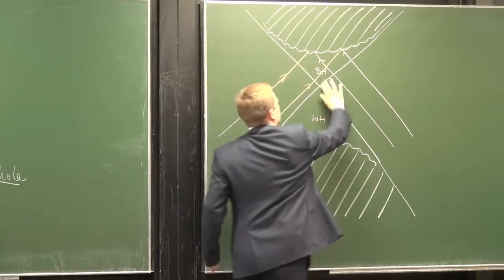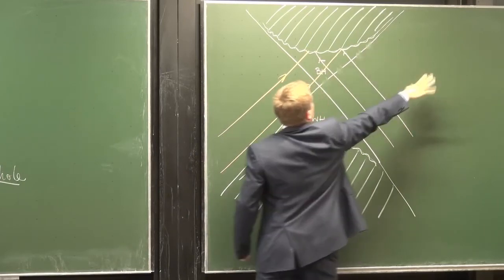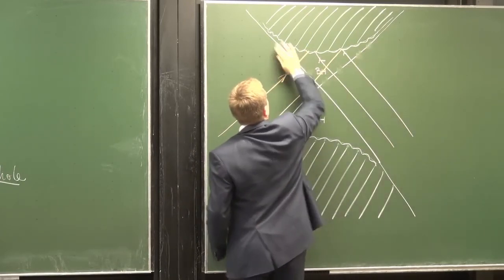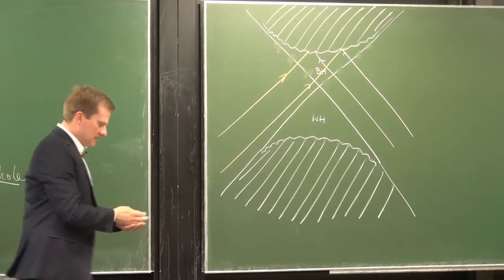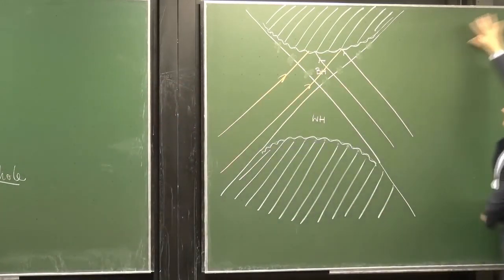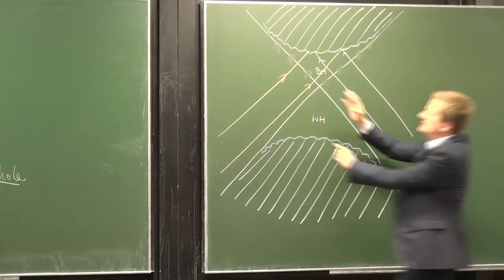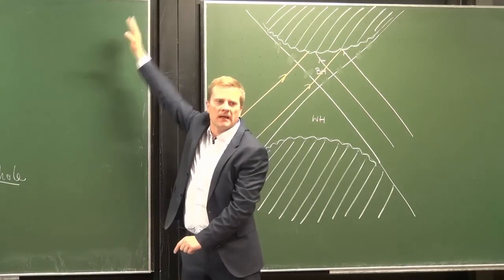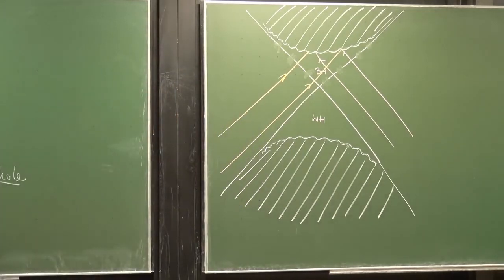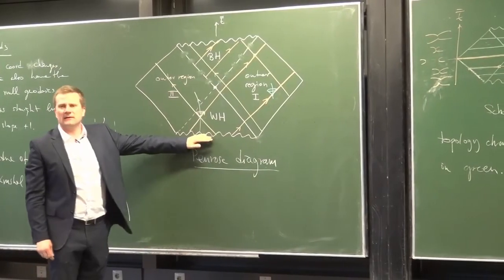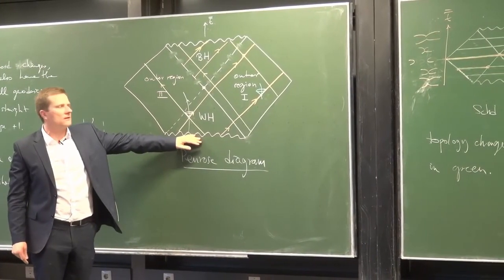Stuff like this. This is the horizon of the black hole seen from here. This is the horizon of the black hole seen from here. The only difference is that this really extends to everywhere and extends here to everywhere. And the only difference to the Penrose diagram is that here one did an additional trick.